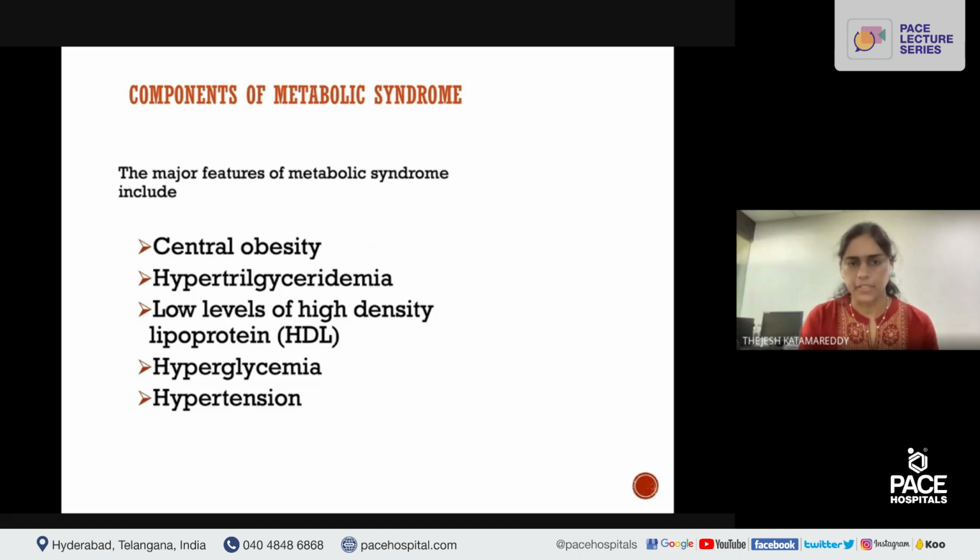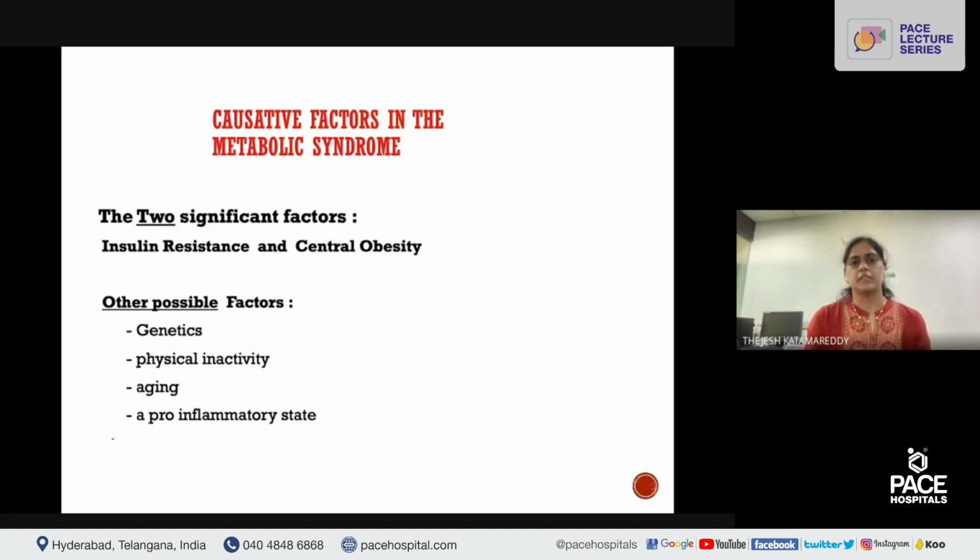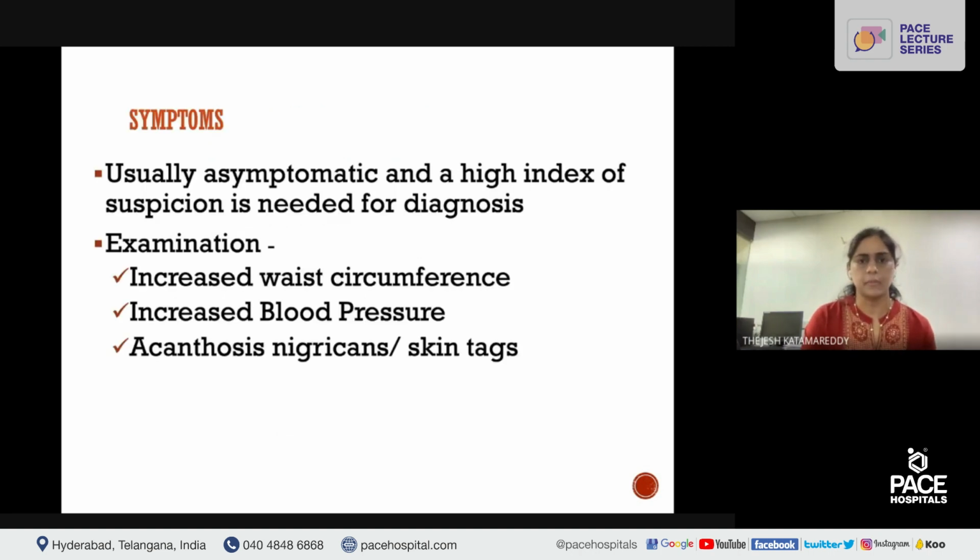The most common causative factors of metabolic syndrome are insulin resistance and central obesity. Apart from these 2 main factors, other factors which are responsible are genetics, lack of physical activity, and increasing age. A pro-inflammatory state of a person also will lead to metabolic syndrome.